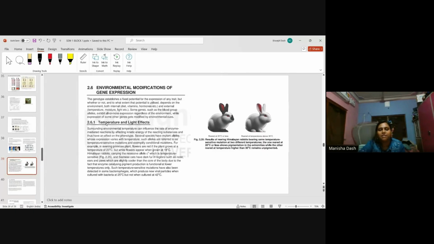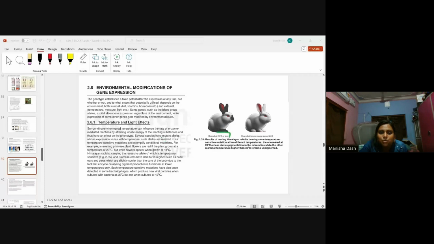Then comes the environmental modification of gene expression. Sometimes whatever genotype you have can be altered or affected by environmental conditions like temperature or light. Take the example of these two rabbits. Both have the same genotype, but depending on the environmental condition in which they are raised, they have different pigmentation patterns.